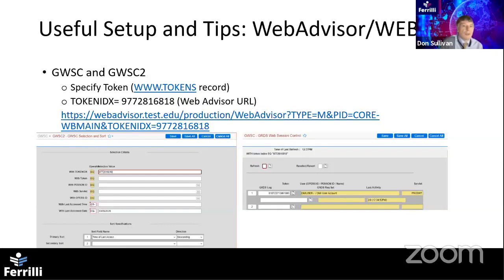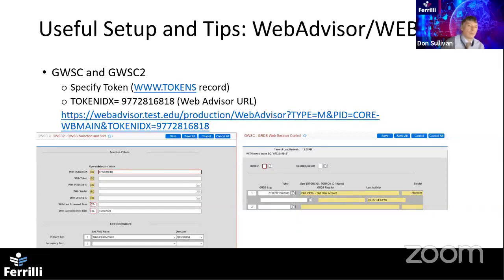So in that GWSC screen, you're going to go in there and just put that token ID in that first field. You could also put some other things in there as well. So if you wanted to limit it to a date or the opera or the time, basically you can go through here and pare it down as you like.